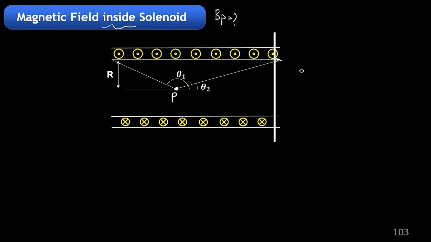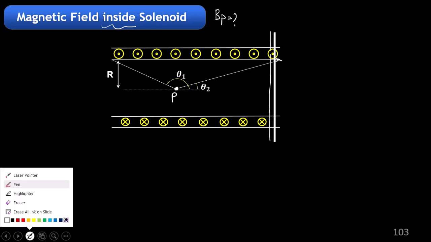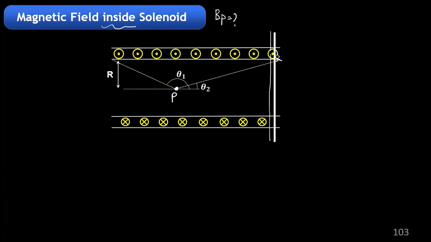For that, I take a section of element like this. This particular section is nothing but a multiple closed coil, a coil like this. Let us say point P is located at a distance of x from the center of this loop.